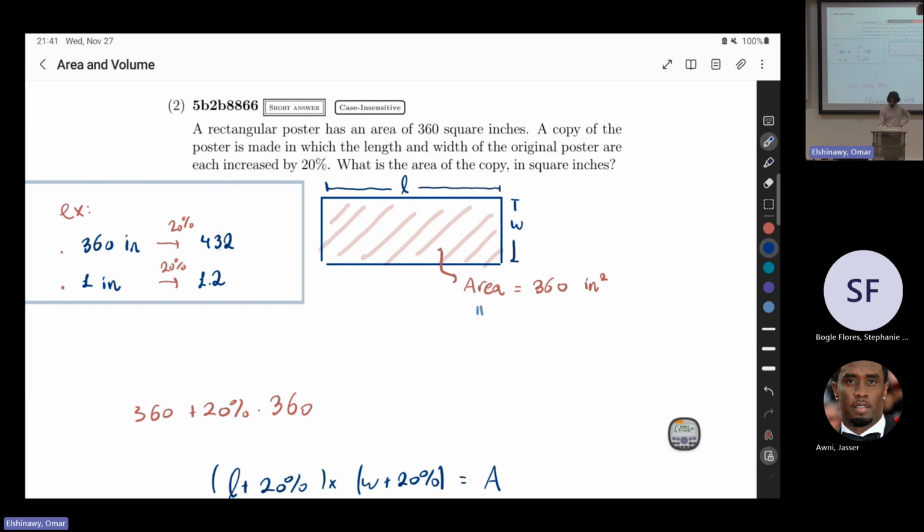Now, if you multiply this by that, you get a number. Is it the 20% increase in 360? Now I'm just trying to build the non-example here.